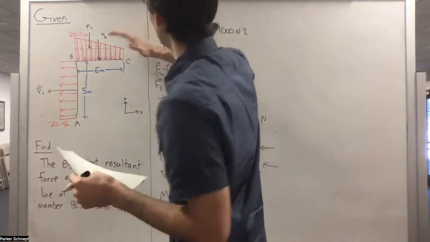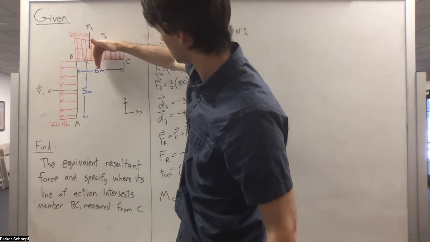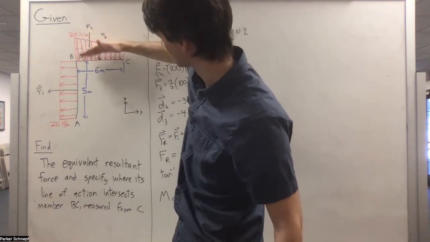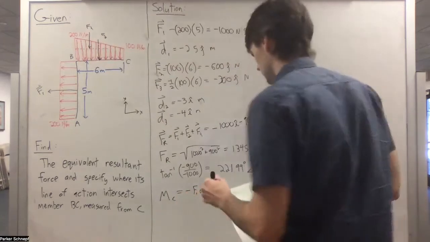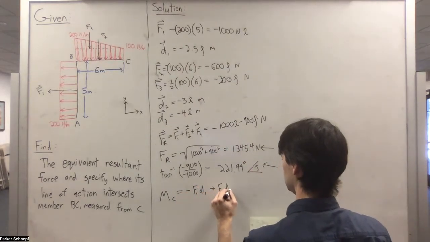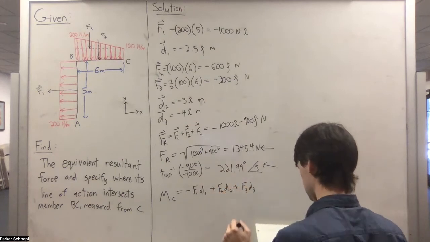And force 2 from point C, you go this way here. Because the force is going down, it's going to cause a positive twist. Same with F3, it's going to cause a positive twist. So plus F2 times D2 plus F3 times D3.